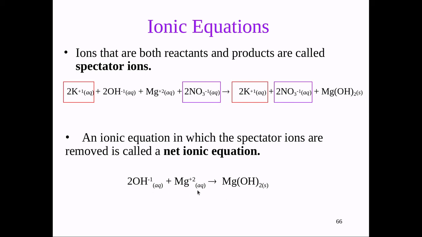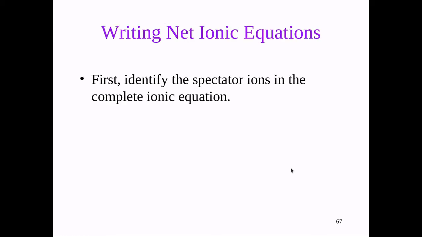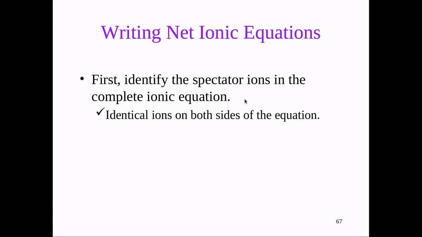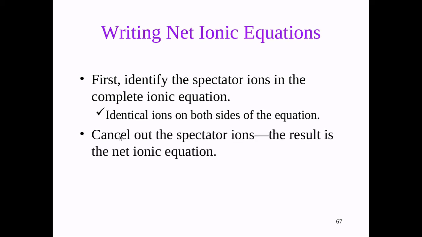And now we've really gotten down to the heart of what's happening in that reaction. So to write a net ionic equation, we first identify the spectator ions in the complete ionic equation. Identical ions on both sides of the equation, that's going to be our spectator ions. And then we're going to cancel out the spectator ions. That's going to give us our net ionic equation.